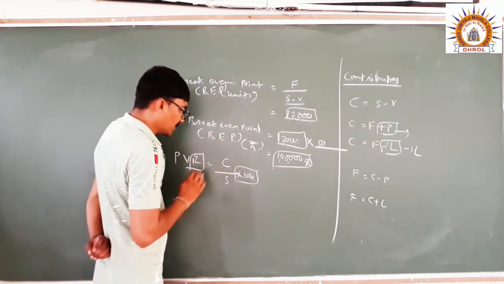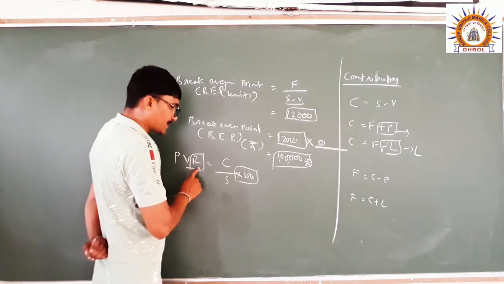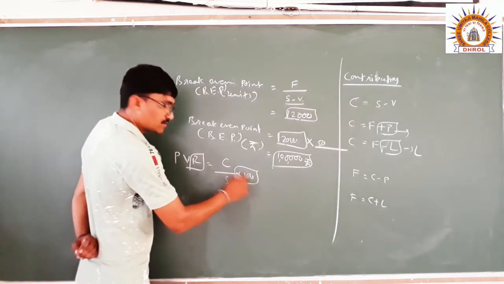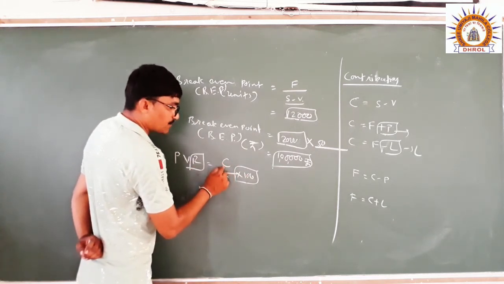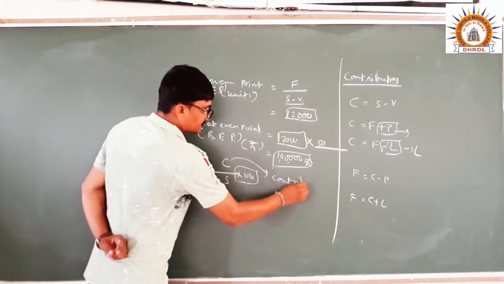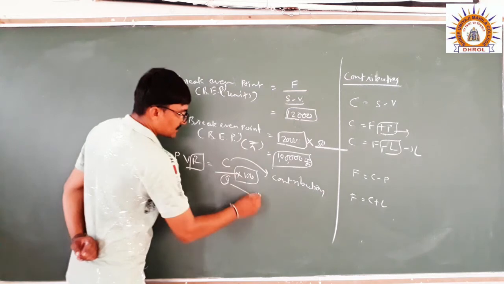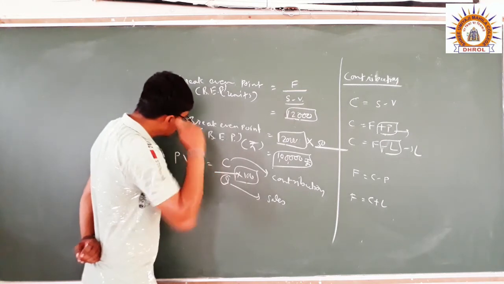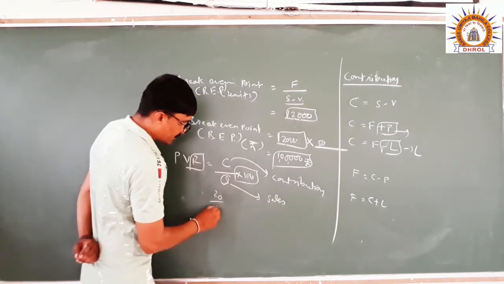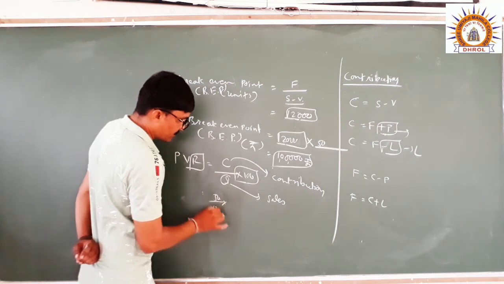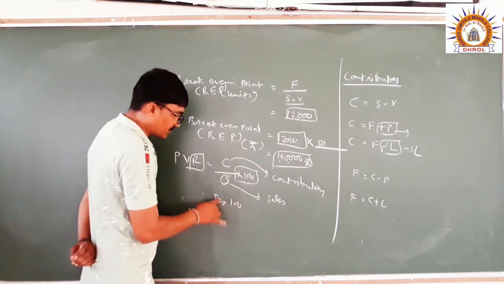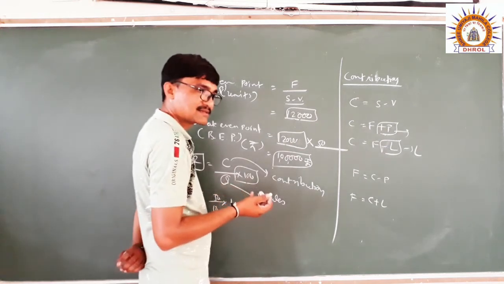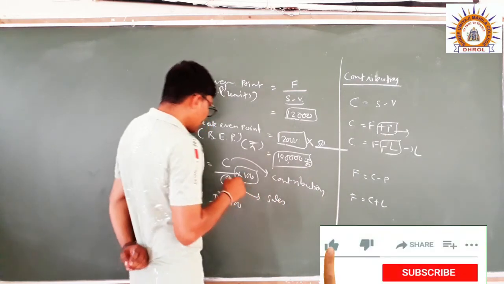So profit volume ratio is equal to C upon S, where C stands for contribution and S stands for sales. Suppose here 50 upon 50 multiplied by 100. So what is the answer? The answer is 100.